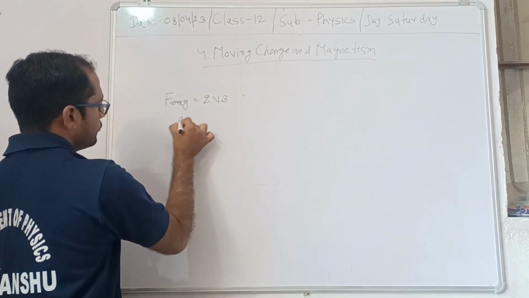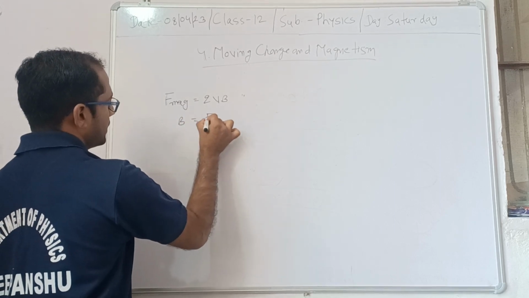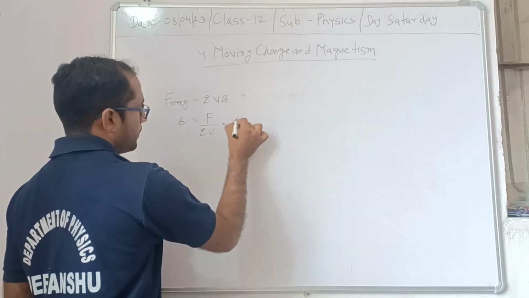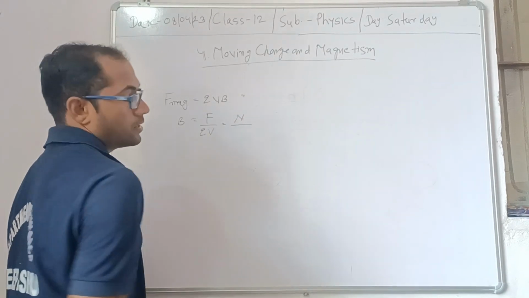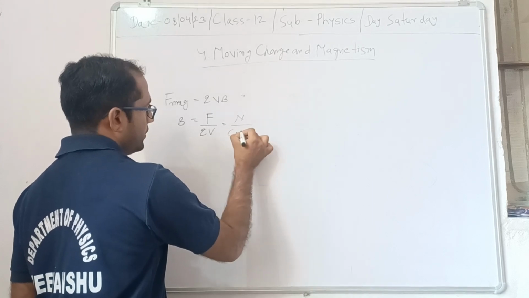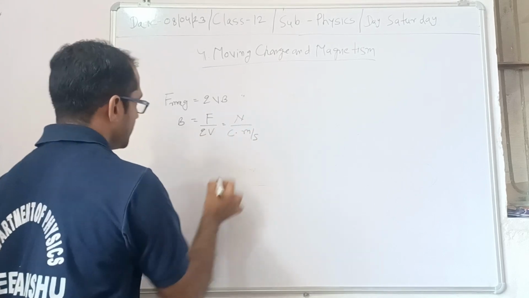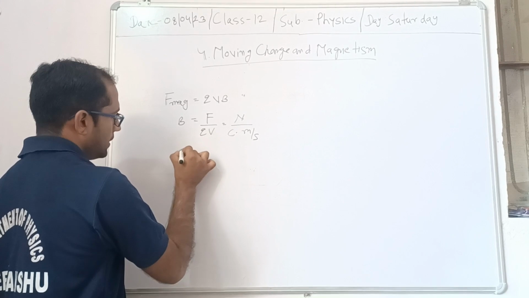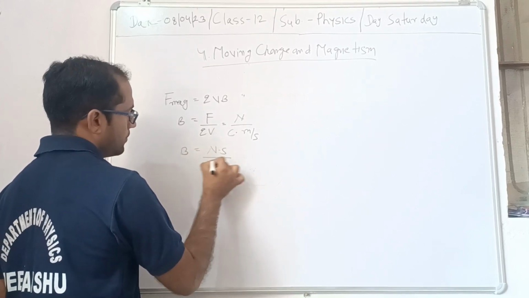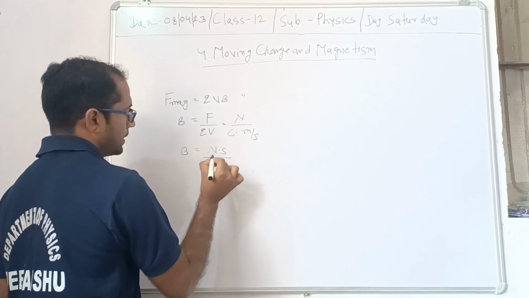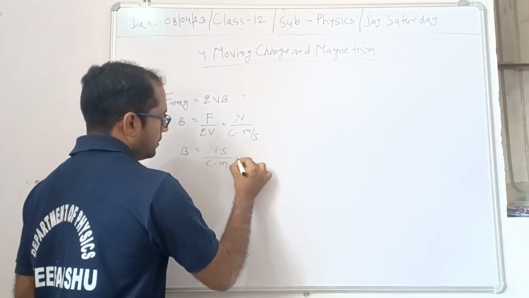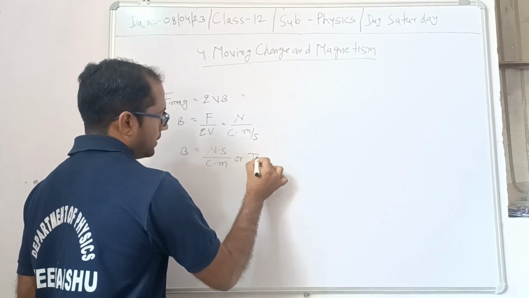If we find B from here, we get F upon QV. The unit of F is Newton, Q is Coulomb, and V is meter per second. Simplifying, B equals Newton second upon Coulomb meter. This is one of the units of the magnetic field, and we denote it as Tesla.